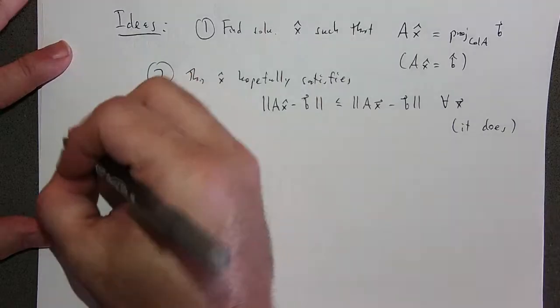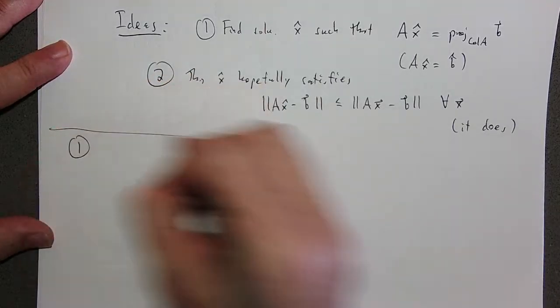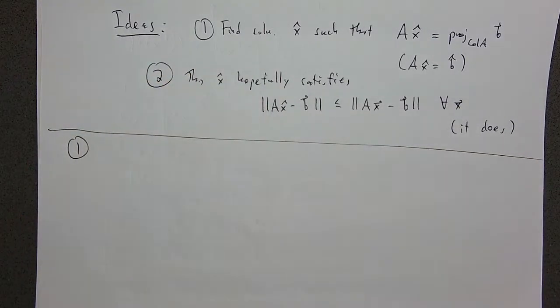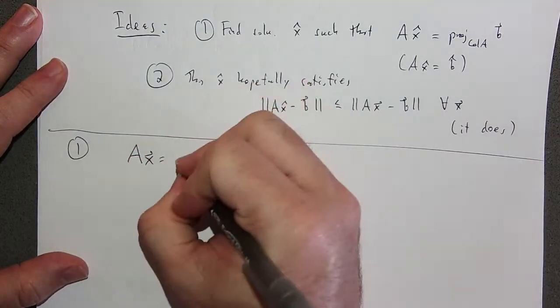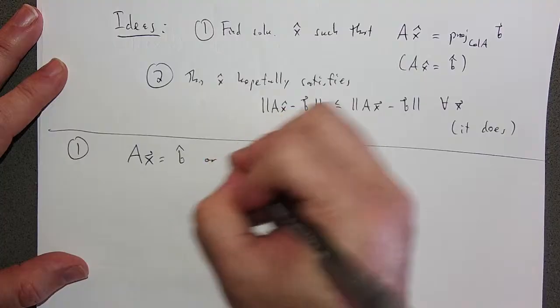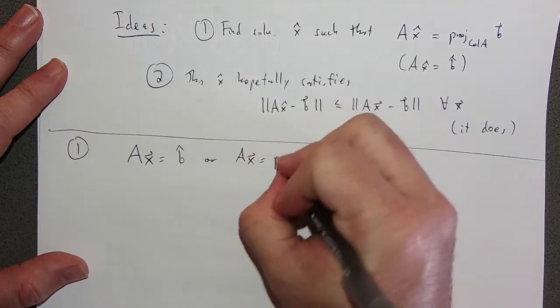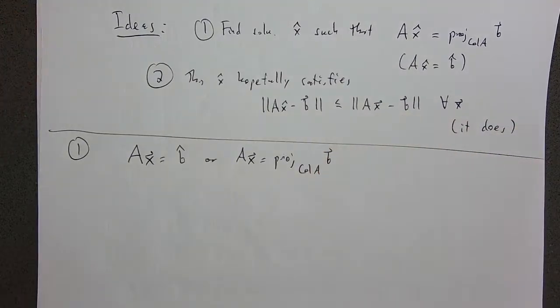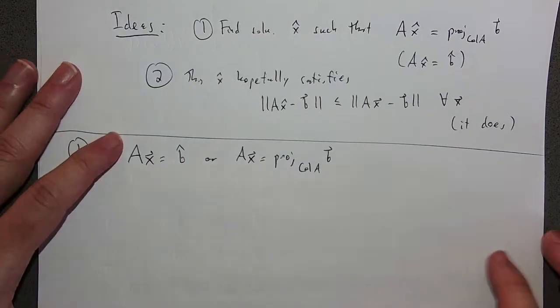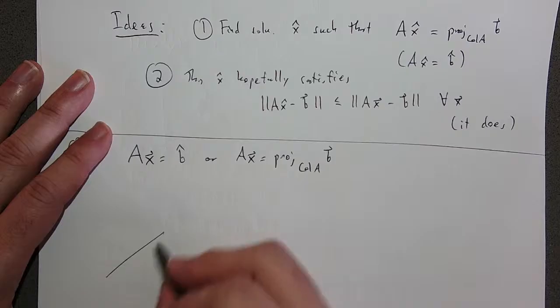So let's start with 1 first. How to do this. I'm looking at the equation, right? Ax equals b hat, or Ax equals the projection onto the column space of A of B. Now, if I draw this picture here, I'm going to draw my column space.